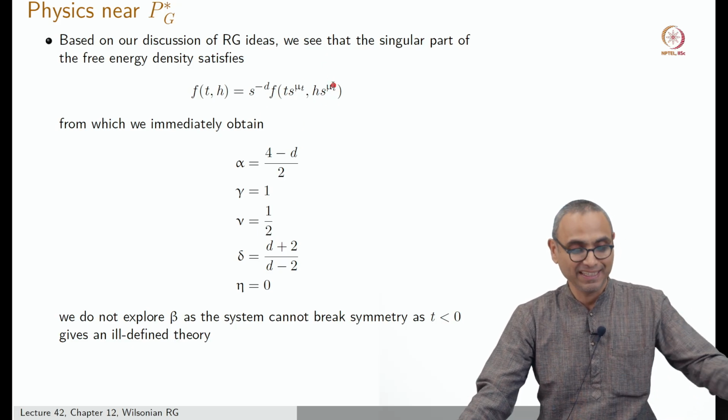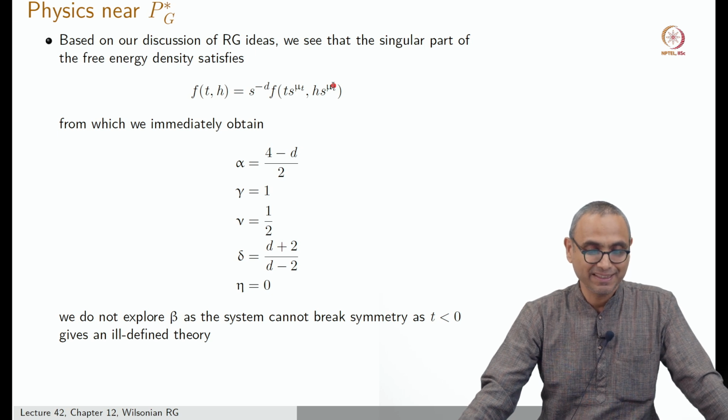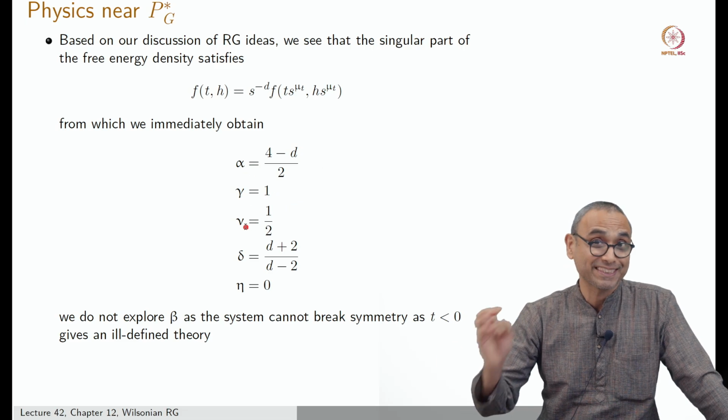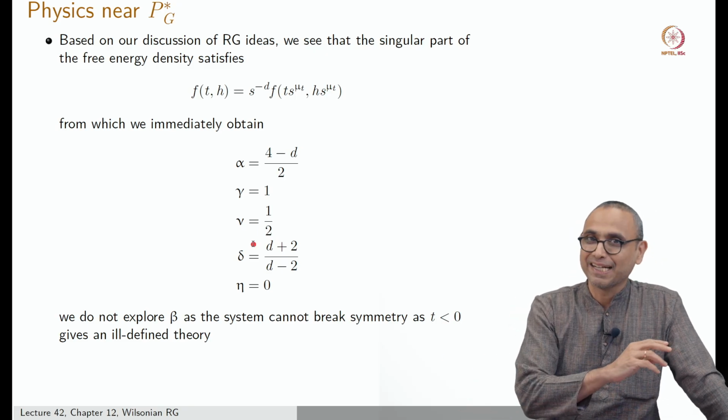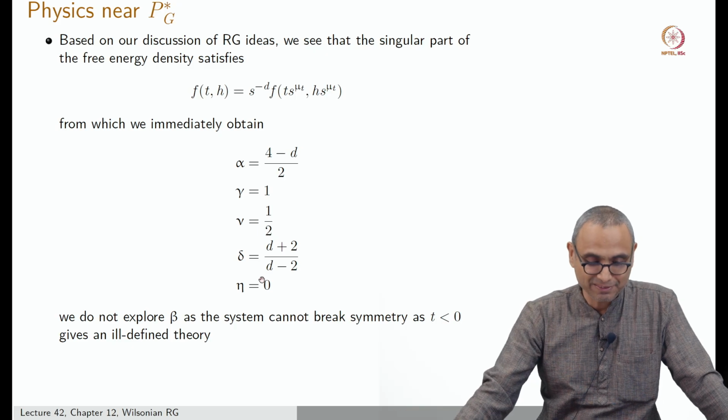This is what we discussed. Once you realize this, you can pull out all the critical exponents. So alpha is (4 minus d)/2, gamma is equal to 1, nu, which is the correlation length exponent, is half, but that we already knew from the analytical result, so it's not a big discovery, but it's showing us that it's consistent.